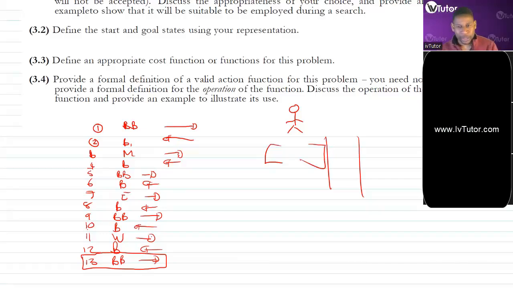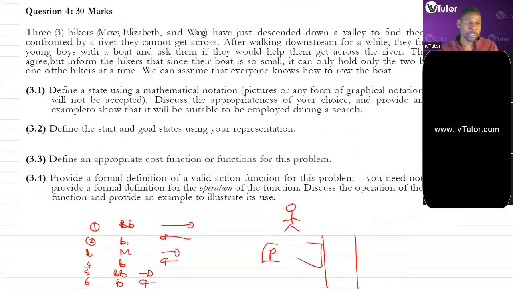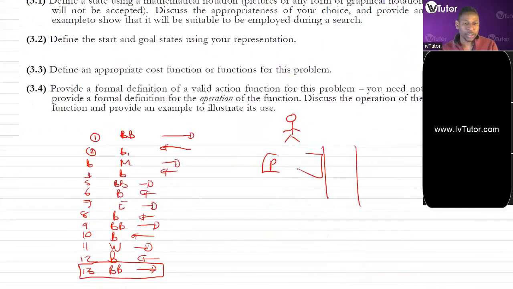Order is not important, really. So we have B1, B2, Moses, Elizabeth, and the third hiker.